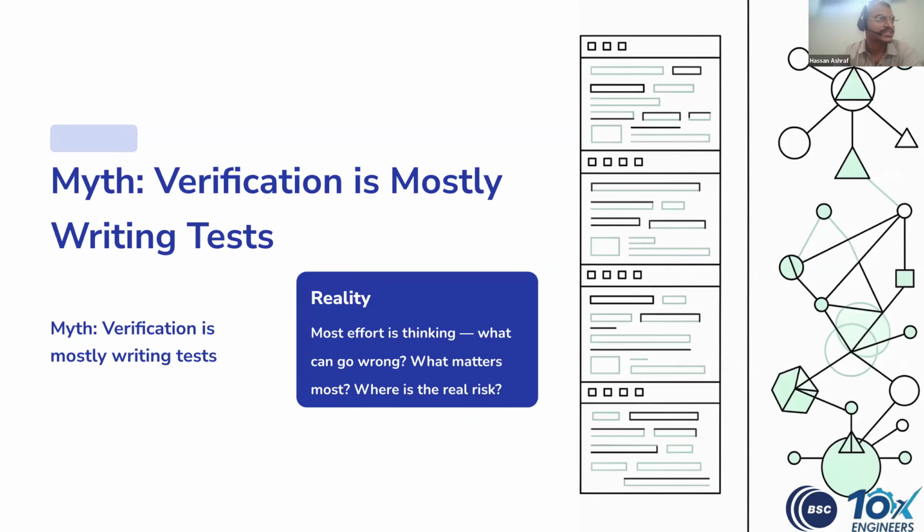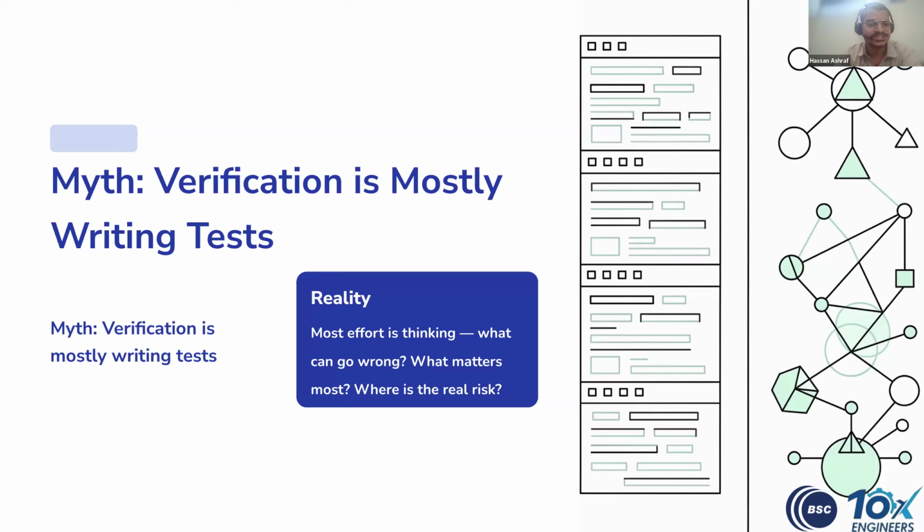So moving to the next myth, verification is mostly writing tests. It's the most common myth, but it's not true in reality. Most effort is thinking what can go wrong, what matters most, what is the real risk.